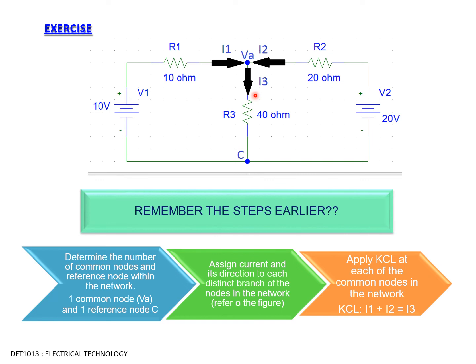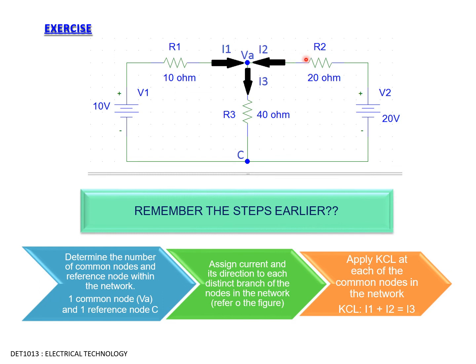Now let's see what these values are. We know that using Ohm's law, V is equal to IR, so I is equal to V by R. The value of V for the first part is 10 minus VA, because the voltage is 10 volts here and it is traveling towards VA. So for this path, I1 is equal to 10 minus VA by 10 ohms.